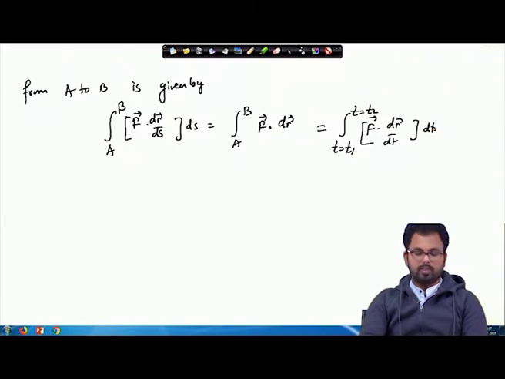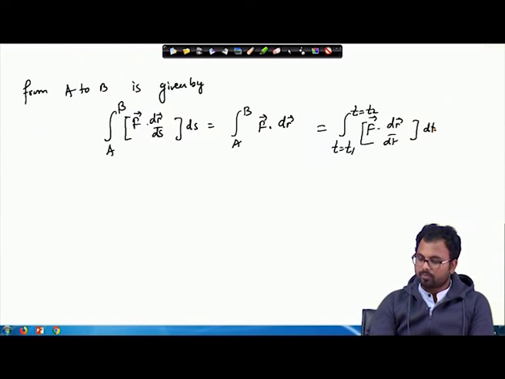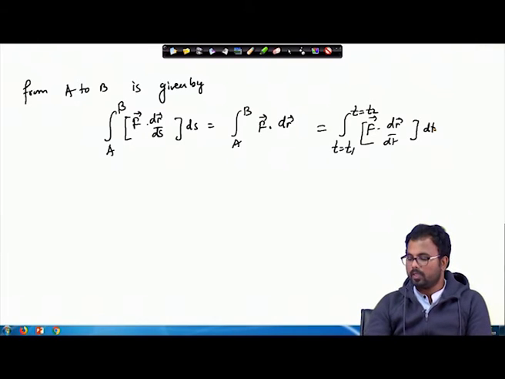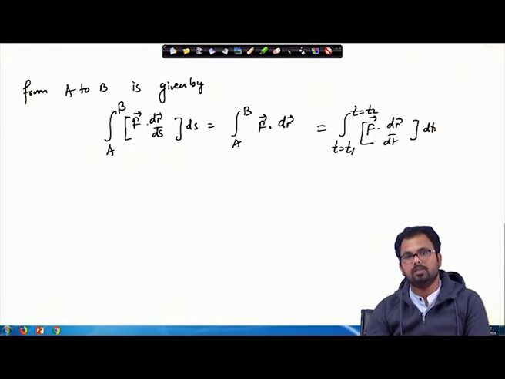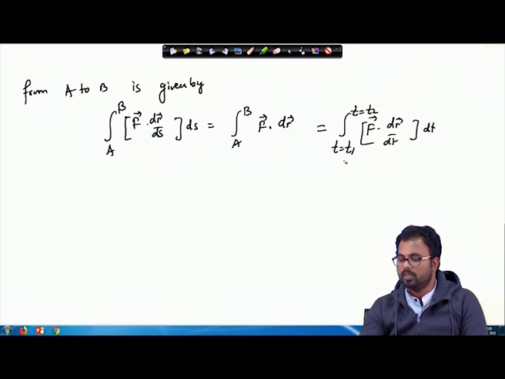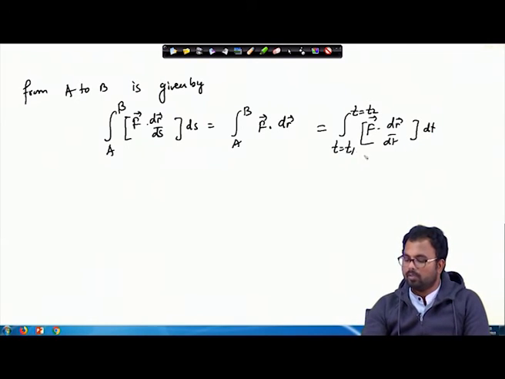The point A is attained at t equals t1, and the point B is attained at t equals t2. So we divide dr by dt and multiply by dt, and that is your integral of F dot dr/dt dt.